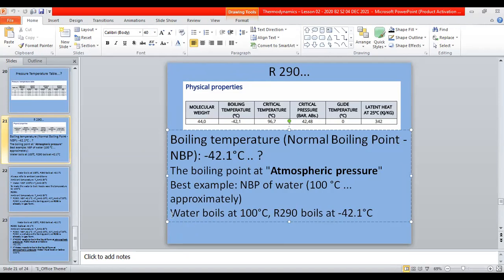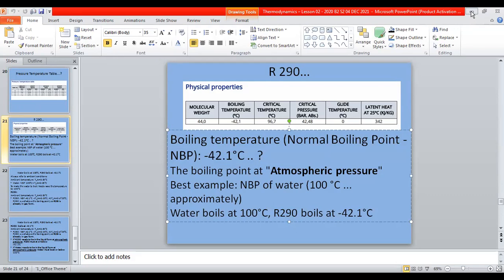We have to keep R290 pressurized. This is the point, just like we would have to keep water pressurized if its normal boiling point were 20, because ours is about 20 ambient.